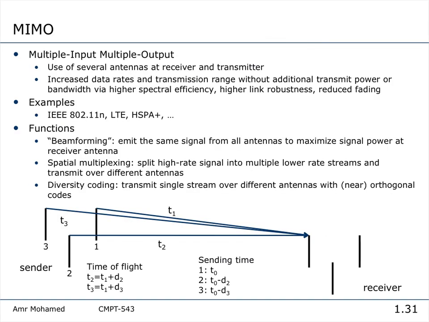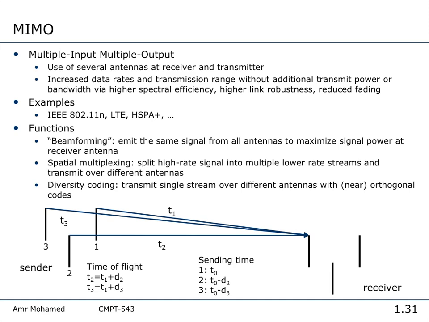Now we talk about the concept of MIMO, or multiple input, multiple output. MIMO here talks about the fact that I have multiple antennas at the sender and at the receiver. We talked about multiple antennas at the receiver side, and we discussed how we can use that to enhance the reception. MIMO here talks about the fact that if I have multiple antennas at the sender and multiple antennas at the receiver, what are the possible combinations that again allow me to maximize the reception or increase the efficiency of the reception?